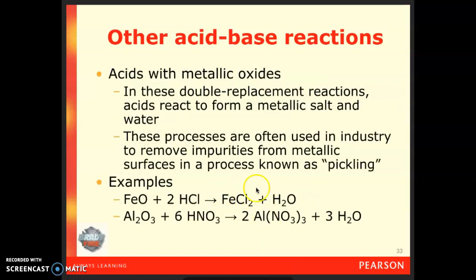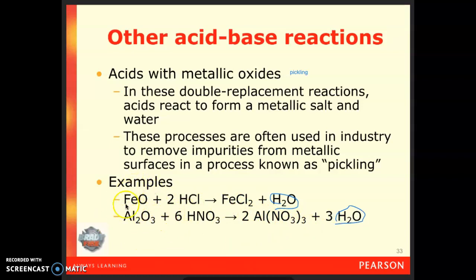The other kind of reaction, we referred to in a previous video as pickling. Here we have a double replacement reaction taking place where we have an oxide reacting with an acid, and the end result is again water. Water is a key component of most acid-base reactions, and a salt. And so what's interesting about these reactions is that these we can get out of the ground.